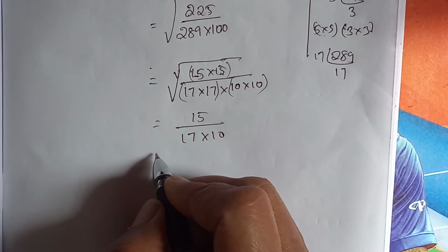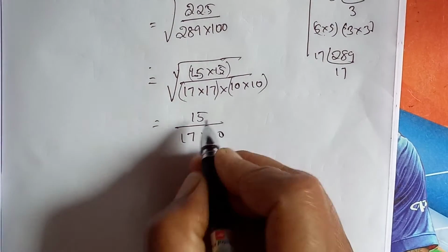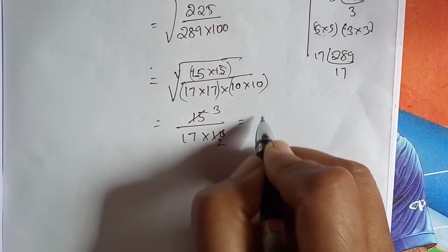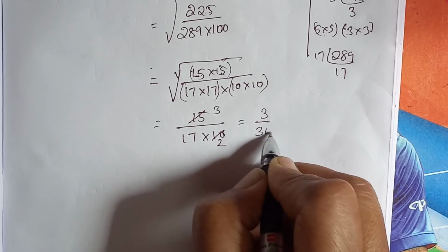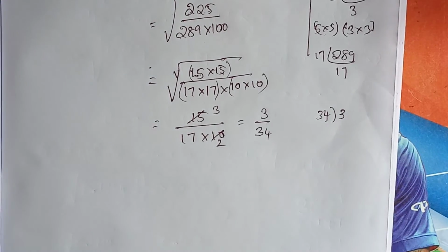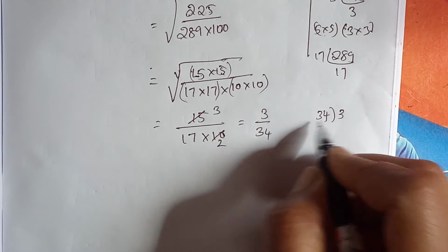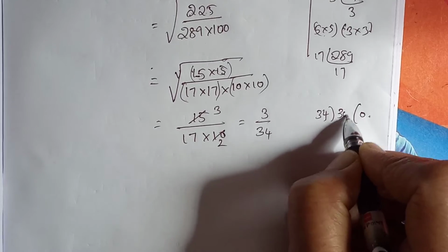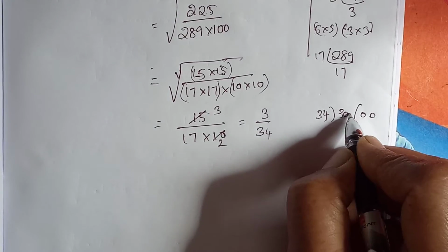Now we can cancel 5 threes are 15, 5 twos are 10. What is this? 3 by 34. Now 3 you divide by 34. 0.0, we need one more 0.